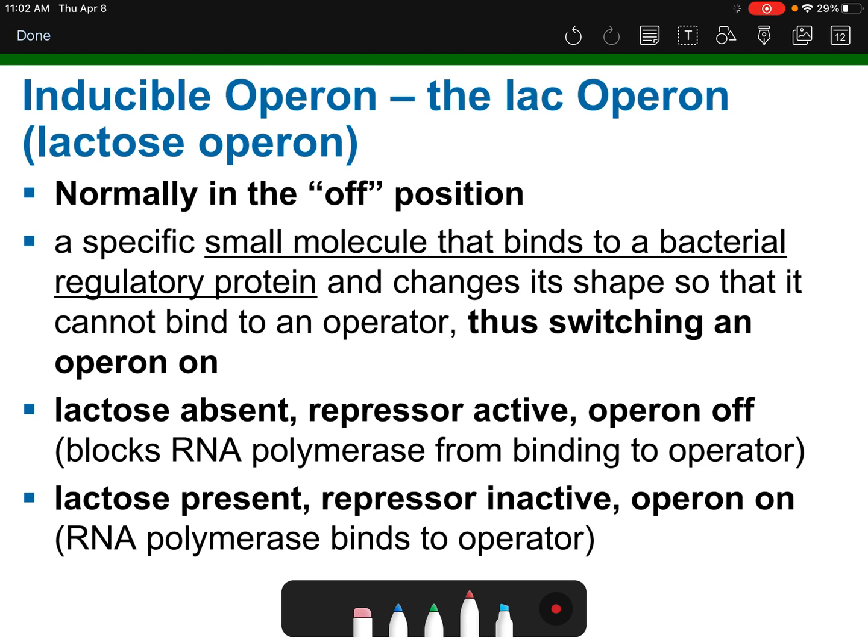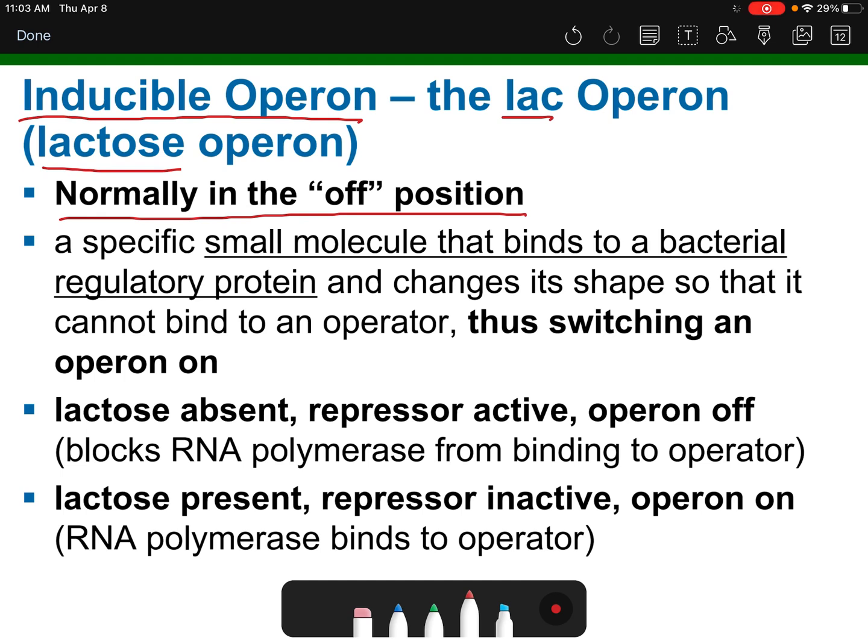So the lac operon is an example of an inducible operon. We call it inducible because it's normally in the off position, so we have to induce it to be turned on, okay? And again, lac is short for lactose. It's normally in the off position because a small molecule binds to the bacterial regulatory protein and changes its shape so that it cannot bind to the operator, thus switching an operator on.